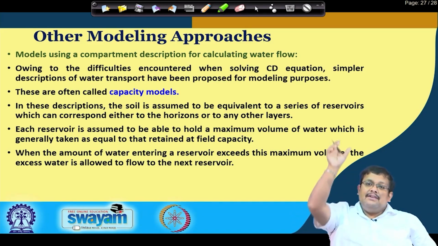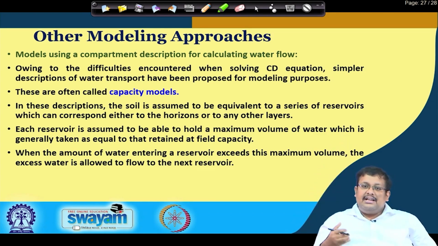Just like if you dig a soil vertically, you will see some horizons. These horizons are separated from each other morphologically and physicochemically, and similarly in this approach, the soil is assumed to be equivalent to a series of reservoirs which can correspond to the horizons or any layers.